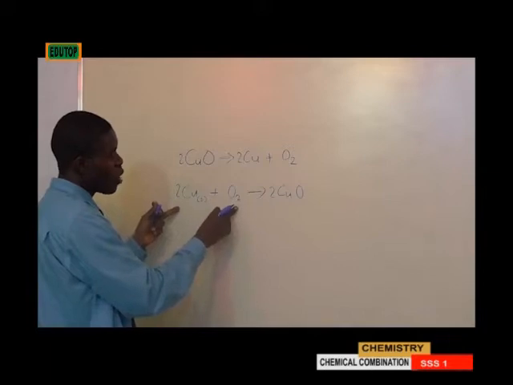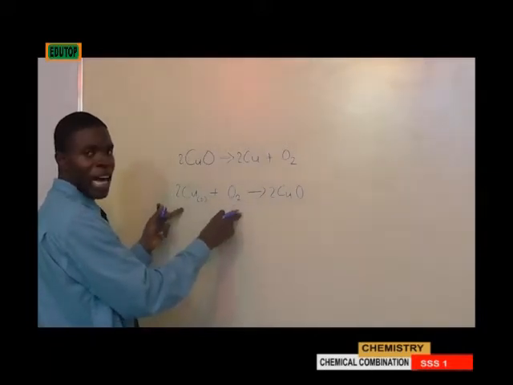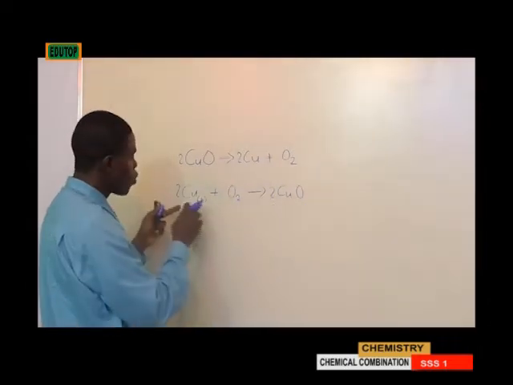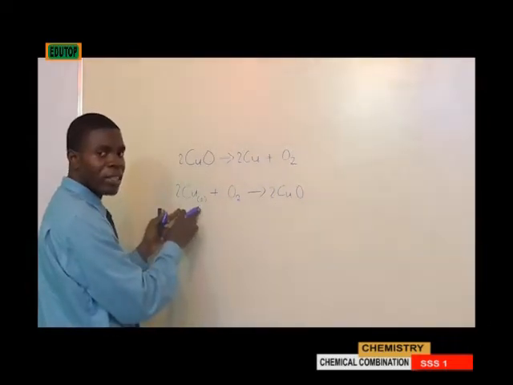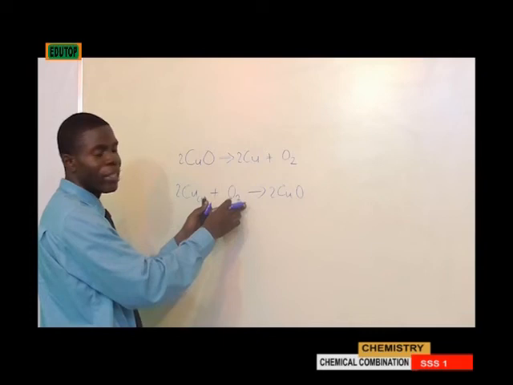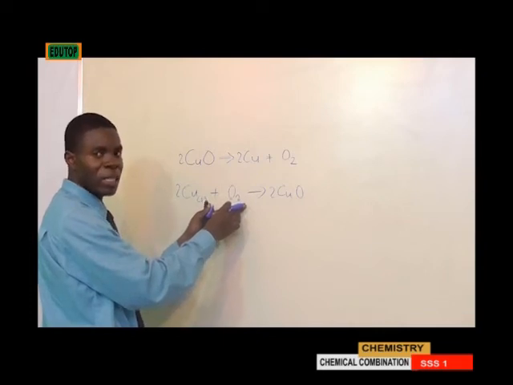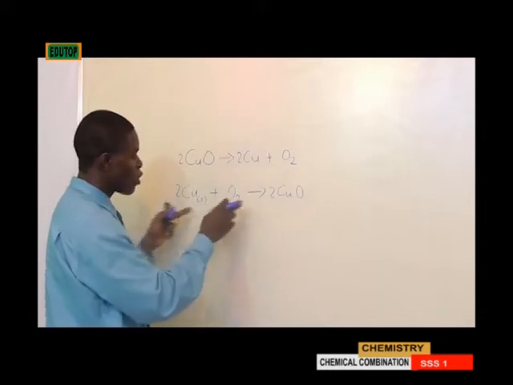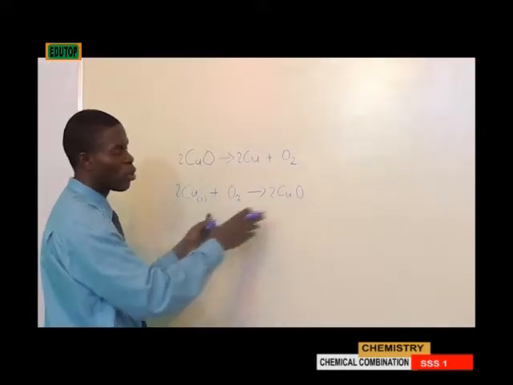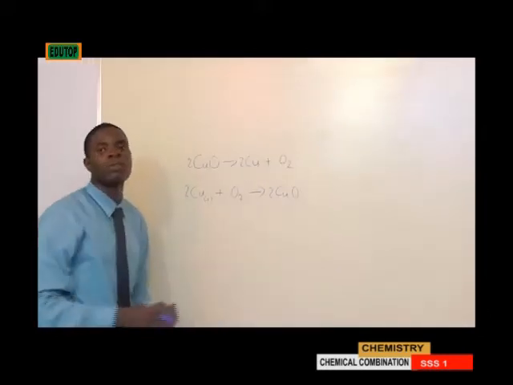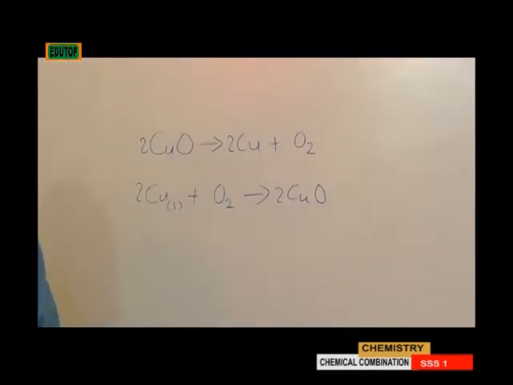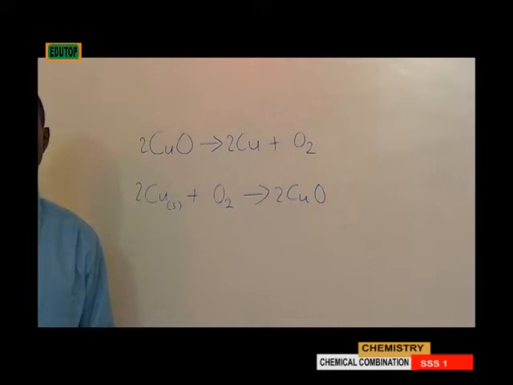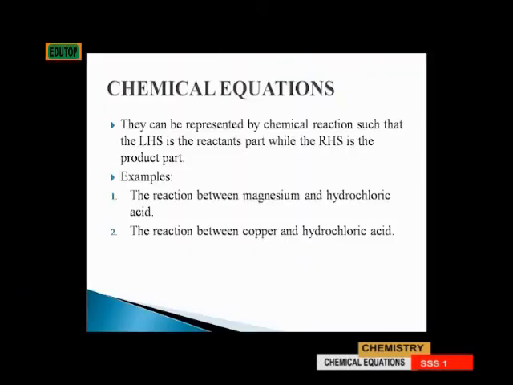Here, 2 elements come together to form a compound. So this one is representing A, while this is representing B, and it gives you AB. So 2 constituent elements coming together to form a compound. That is what the law of multiple proportion is talking about.